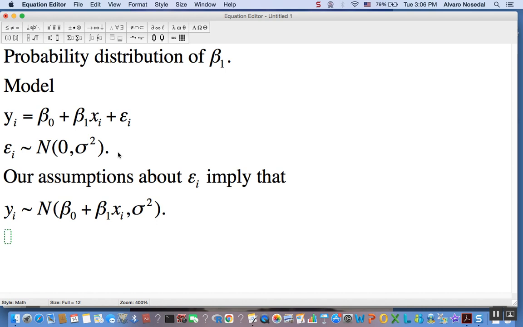We will show that given our model and distributional assumptions for epsilon i, hat beta 1, the least squares estimator of beta 1, is normally distributed with mean beta 1 and variance sigma square divided by Sxx, or sigma square divided by the sum of xi minus x bar, the whole thing square. Okay, so let me just write that down.